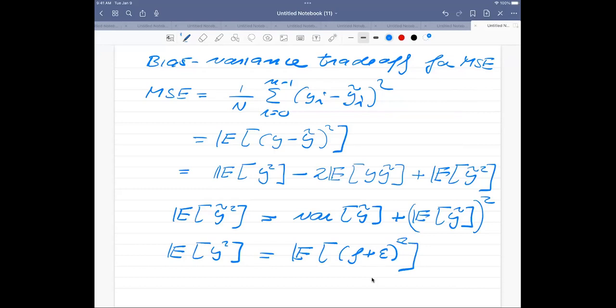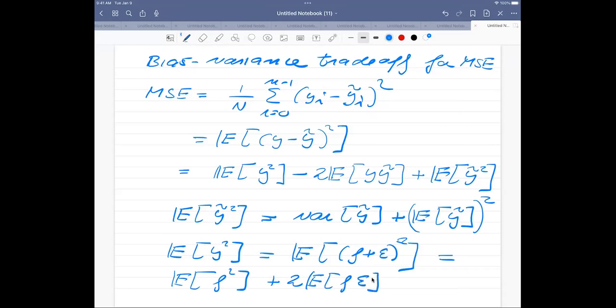So we can rewrite this one, and now if we just proceed, we would get an expectation value of this f squared, and that is just the value f squared itself. And then we have plus 2 times E of f epsilon.